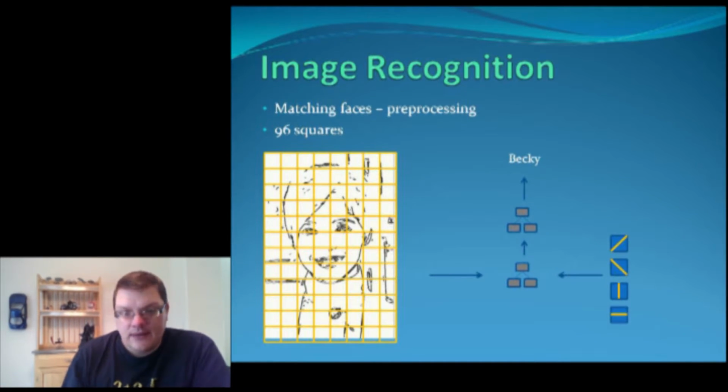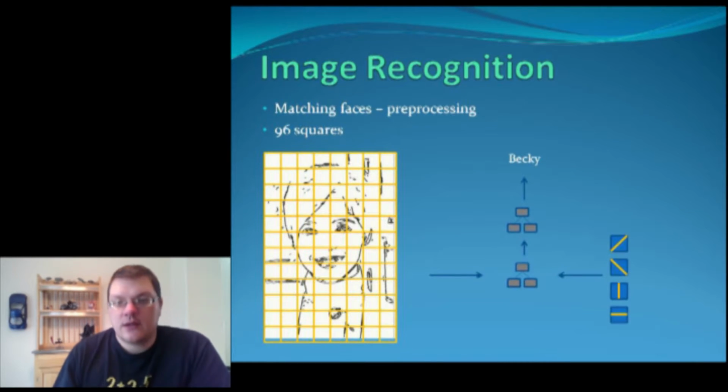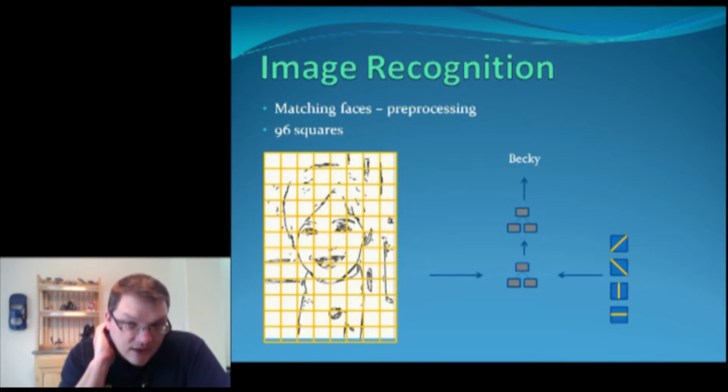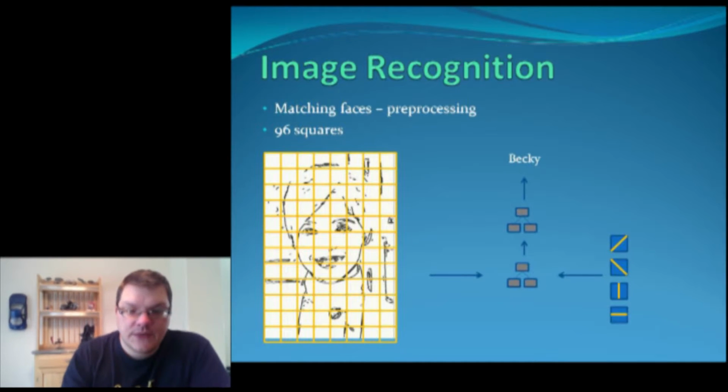Once we have that, then we can take our blocked picture, take a block, feed it into the network, find out which link weight set it matches up with, and then do that for each one. And we're going to have 96 results for the first pass.